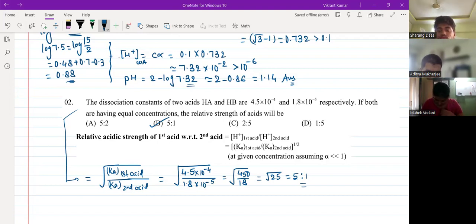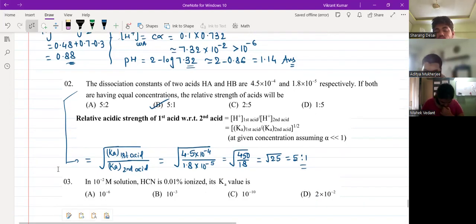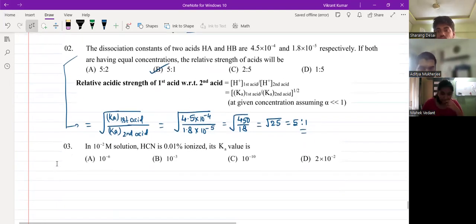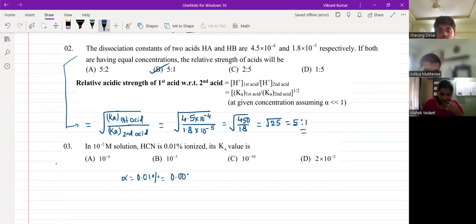Third question, very simple. C is given, alpha is given, K पूछ रहा है, एंड अल्फा का वैल्यू जो है ना दैट इज 0.01%. का मतलब होता है 0.0001, है ना? 0.01 by 100, and that is less than 0.1.